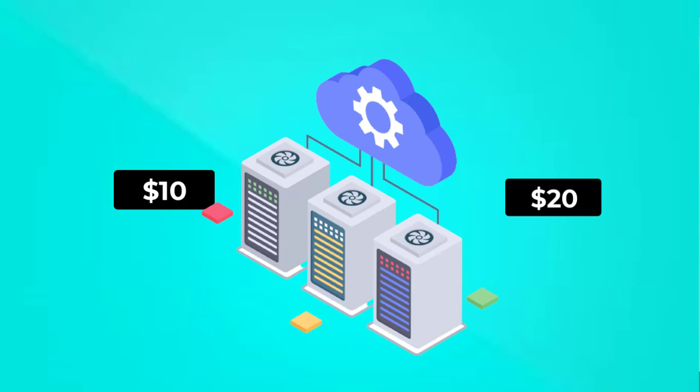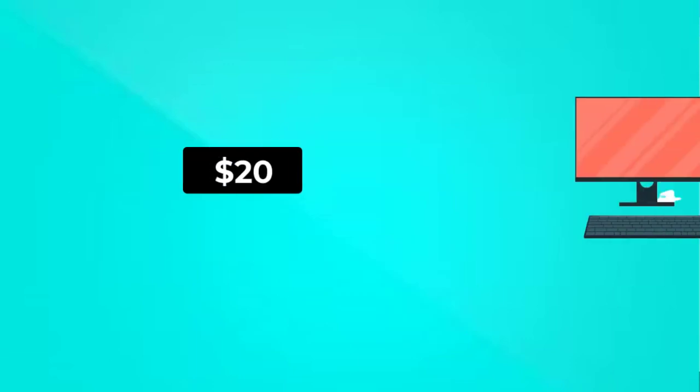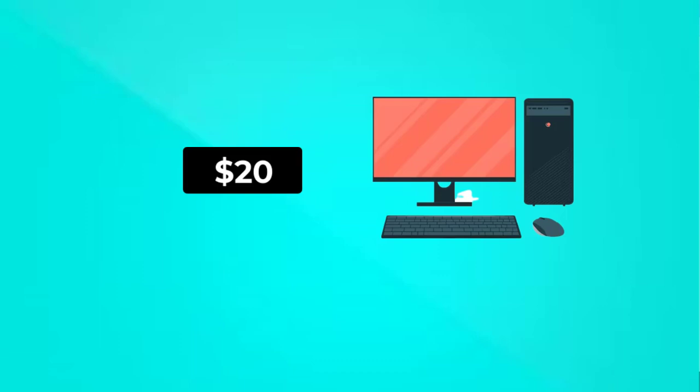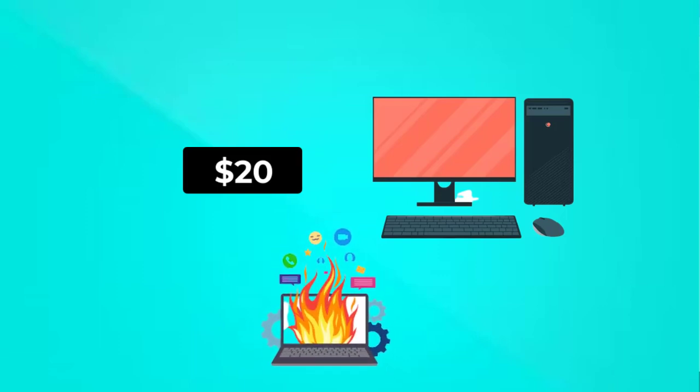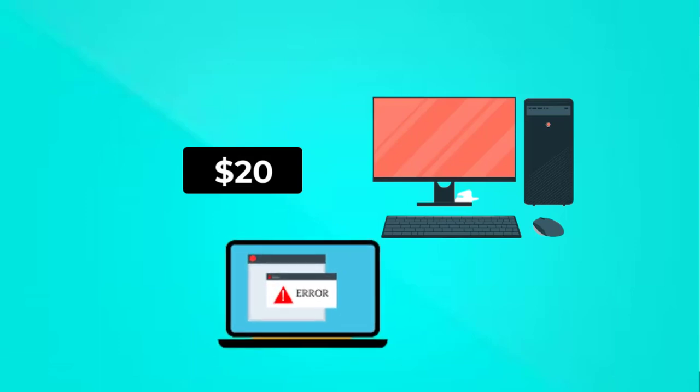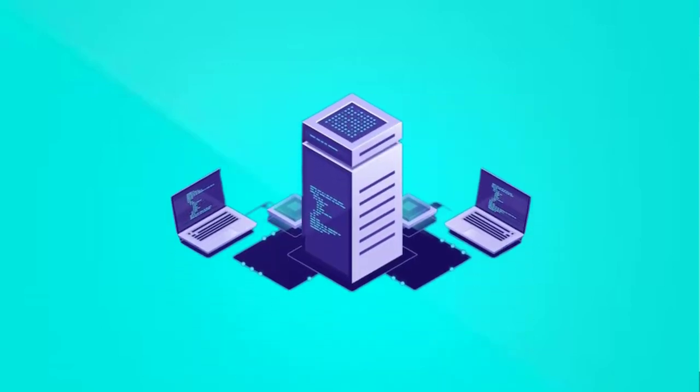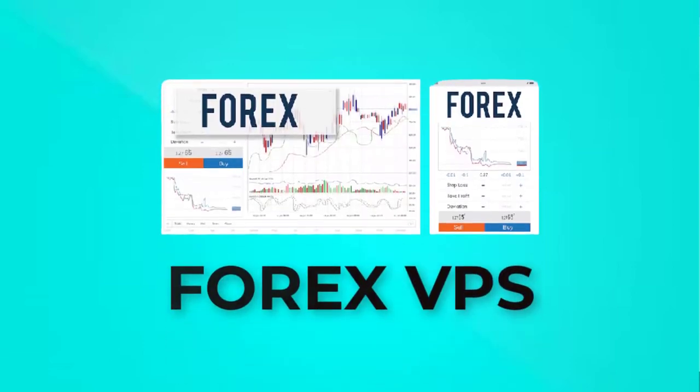It is a big advantage, because if you do it on a local computer you will get a lot of problems, you may face burning, or your computer may crash, because it doesn't have the capacity to run 24/7. These are made for personal usage, not for trading. So it's better to have specialized servers, which is a Forex VPS.